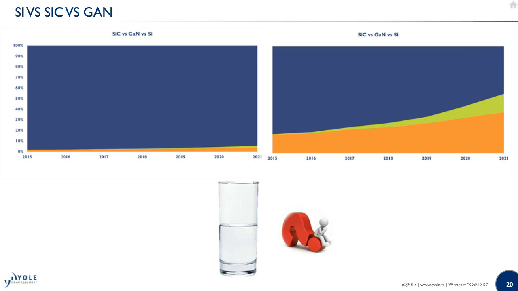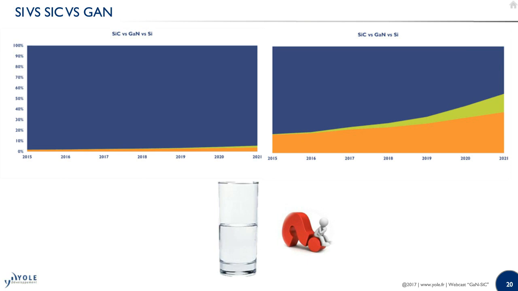But just like a glass of water half filled, it depends on how you see things. We can say, okay, the market is still very small and not interesting. But we can also say, okay, the growth rate of wide bandgap devices is quite important, and there is huge market potential to grab.